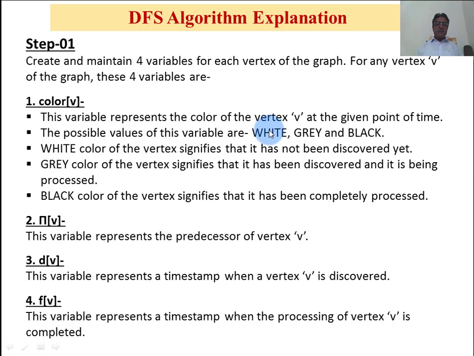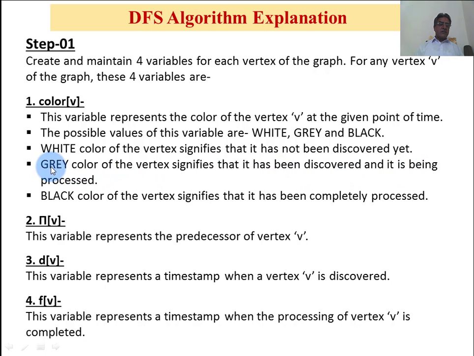This is initial time, this is discovery time, and this is the ending time when it becomes the part of the MST, that is, minimum spanning tree. White color of the vertex signifies that it has not been discovered yet, that is, its initial color is this. Gray color of the vertex signifies that it has been discovered and it is being processed.